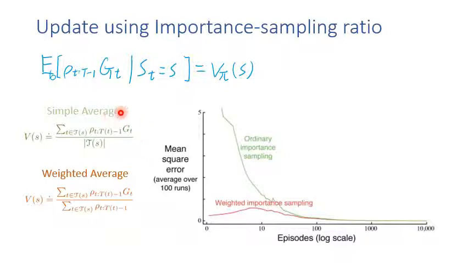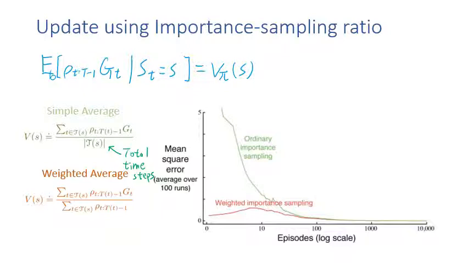One is the simple average, which is the relative probability multiplied by the return, divided by the total number of time steps. Another is the weighted average, which is divided by the sum of the relative probabilities.